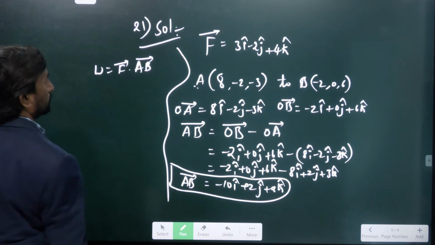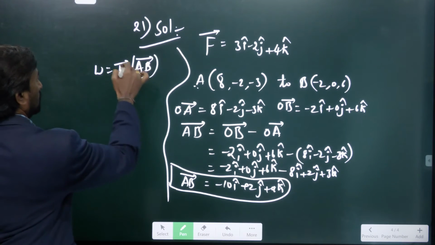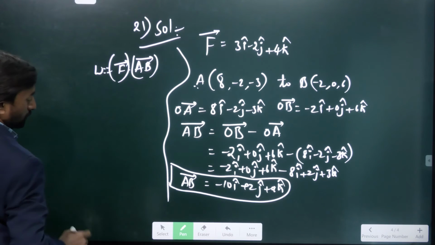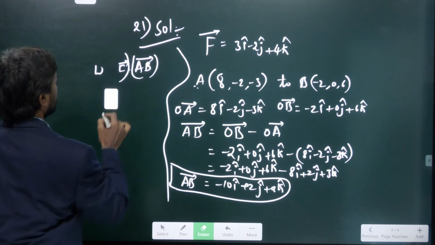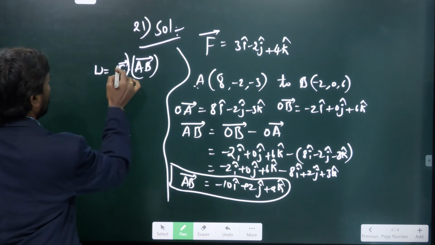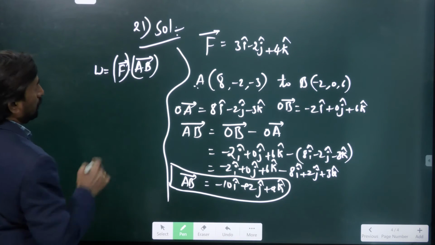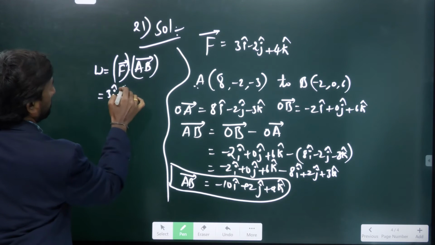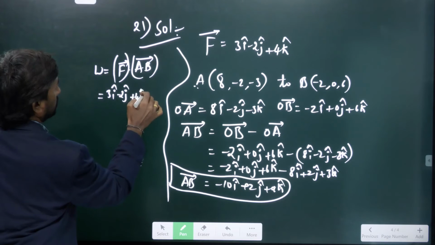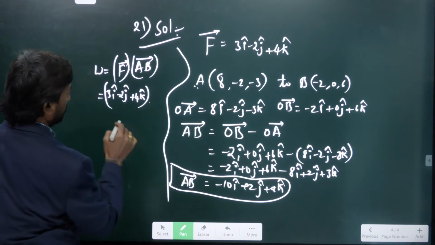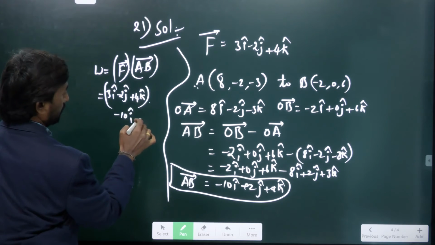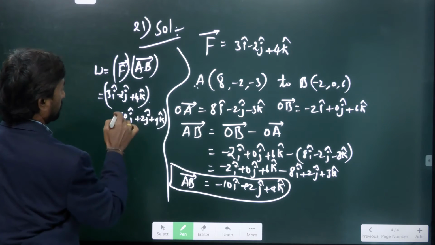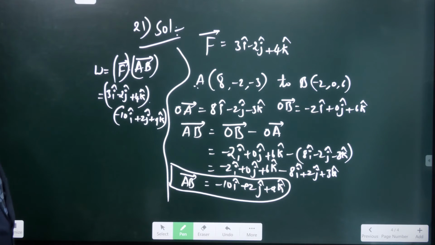The force vector F bar is given as 3 i cap minus 2 j cap plus 4 k cap, dot this vector, minus 10 i cap plus 2 j cap plus 9 k cap. So we should do the dot product of these.